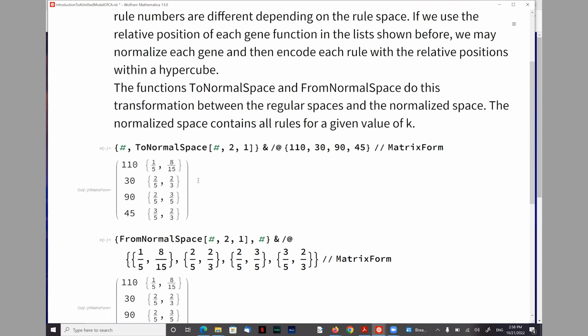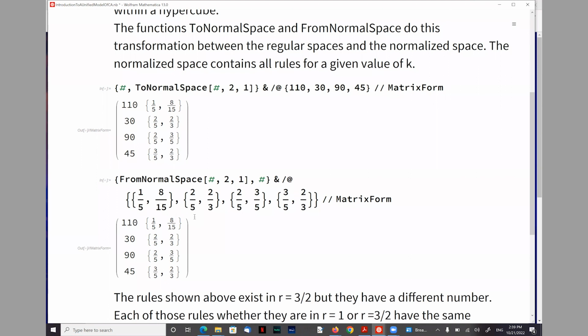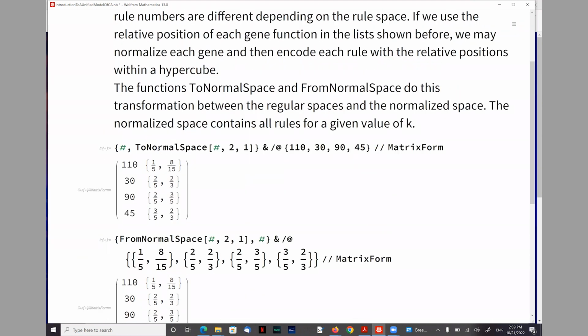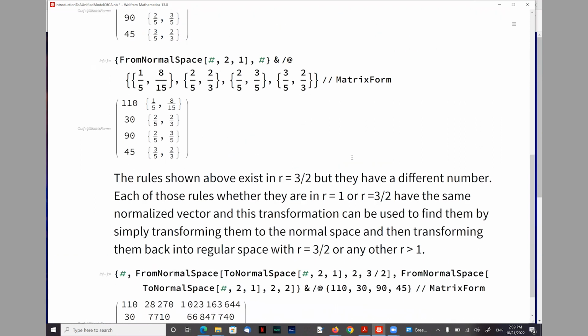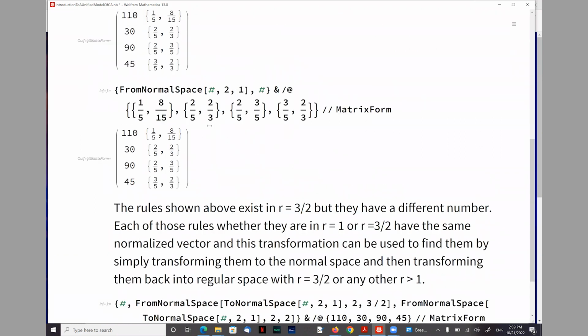It's actually a hypercube. And when you go over here, this function, to normal space, will take the rule and put it into this normalized space. Then you can take those normalized vectors, and you actually get the rules back. So these rules that are in r equal to 1 also exist in r equal to 3/2, excuse me.